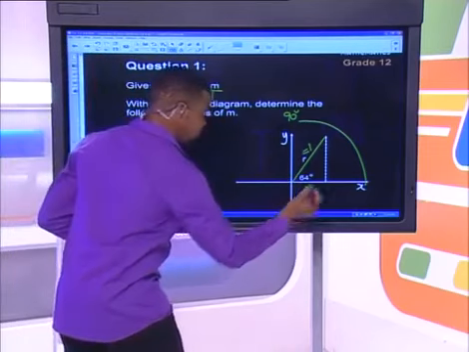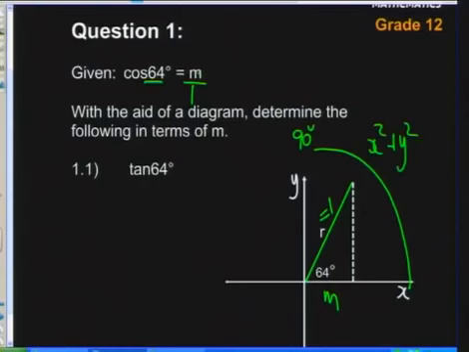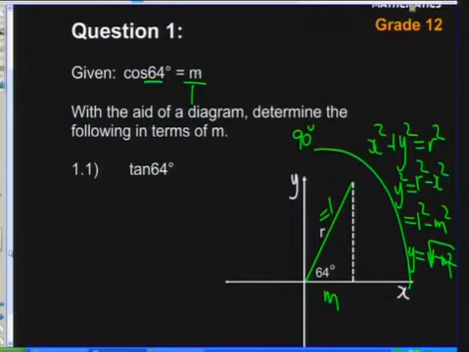If I use Pythagoras, I have x squared plus y squared is r squared. I want y, the y-axis. So y squared is r squared minus x squared. Good, fantastic. This is beautiful. What is r? It's 1 squared. What is x? It's m squared. Then if I square root both sides, I get y equals the square root of 1 minus m squared.